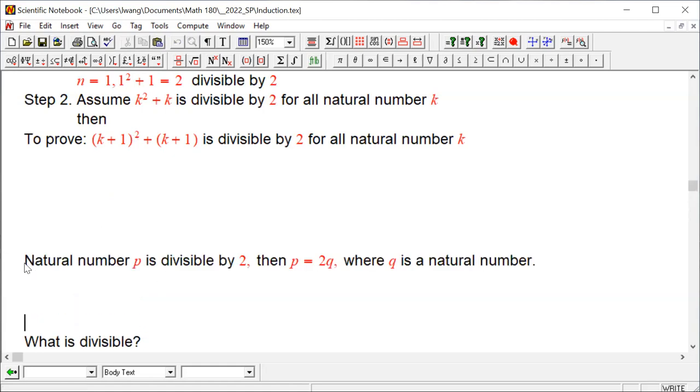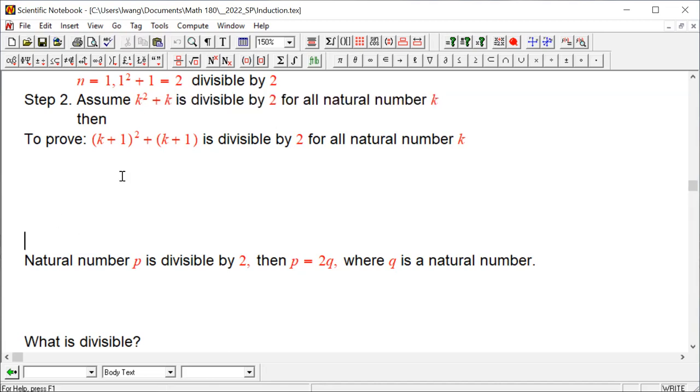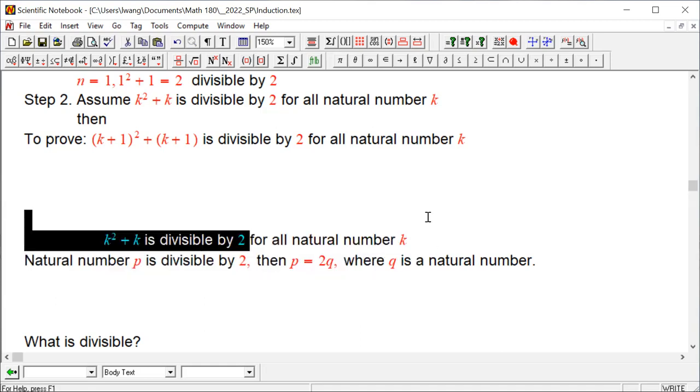So the natural number here, k squared plus k, is divisible by 2. Now in comparison with p, k squared plus k is divisible by 2. That's the assumption.